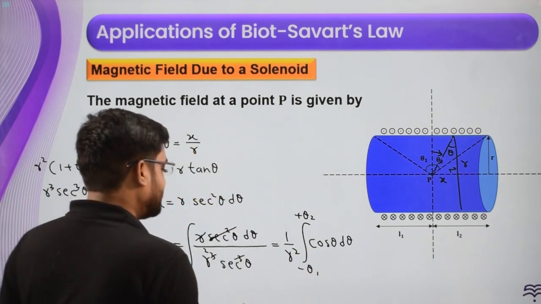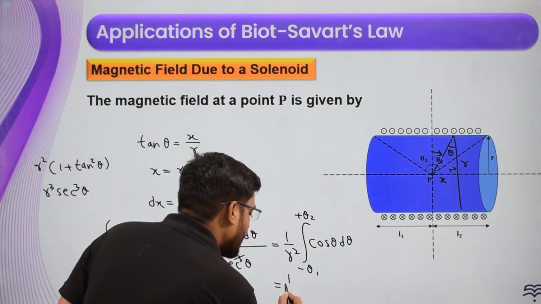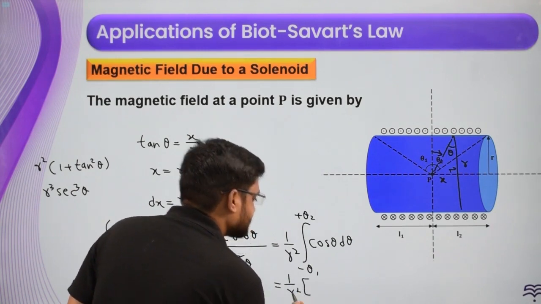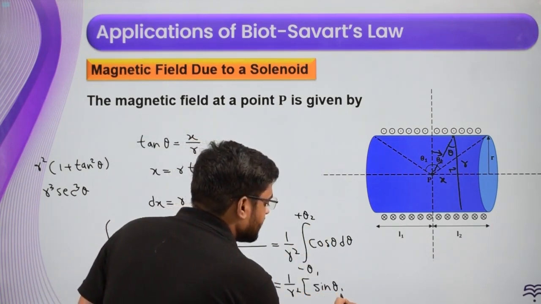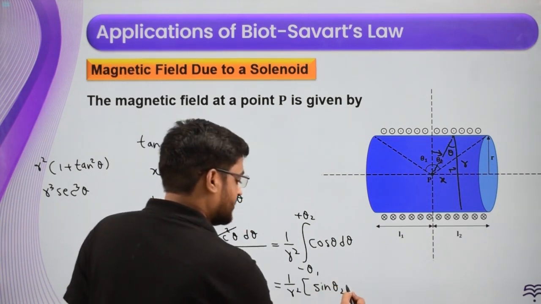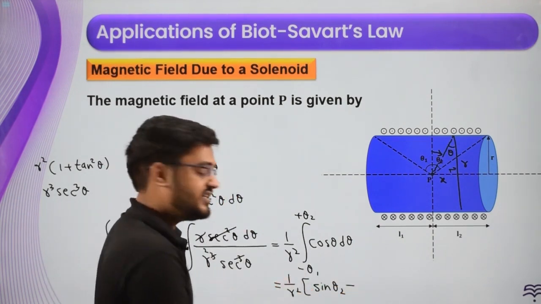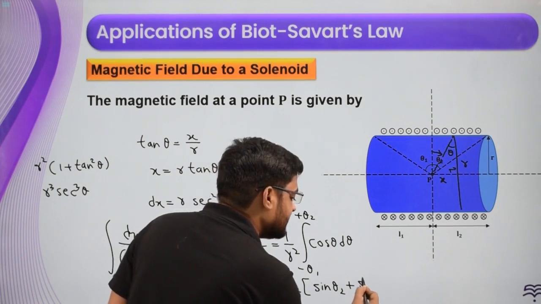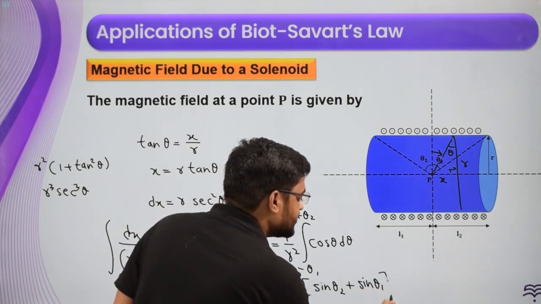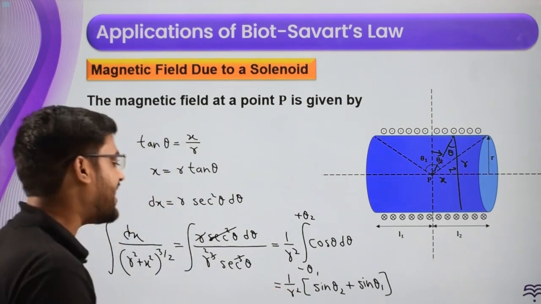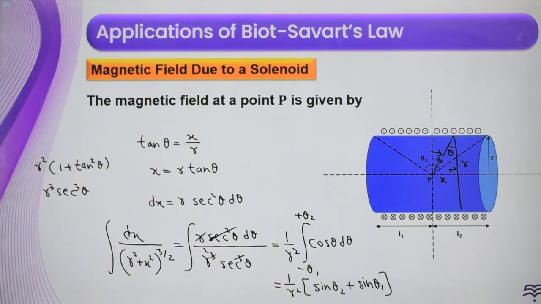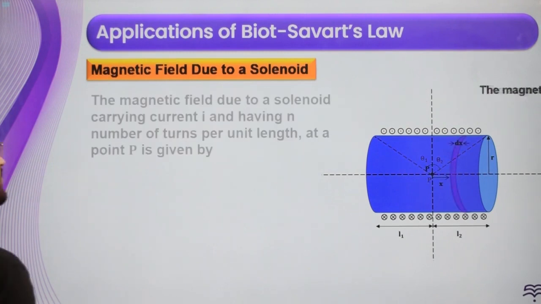So I am putting the limit. I'll get 1 by r square sin theta 2 minus sine of minus theta 1, which will give minus sine theta 1, and eventually this minus makes it positive. So the integration of that part is 1 by r square times sine theta 1 plus sine theta 2. Now let's move back to our old expression.